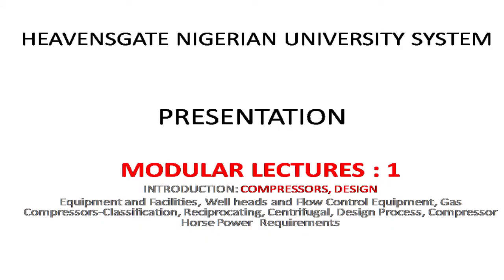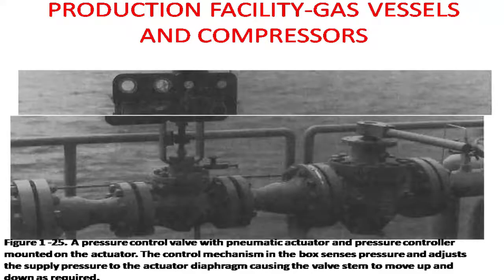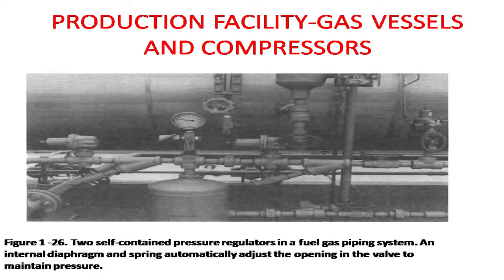Then we have the compressor. After you've separated the gas from the oil and water and it has been processed, it goes into a compressor where it's compressed to a higher pressure so that it can flow inside the pipelines.